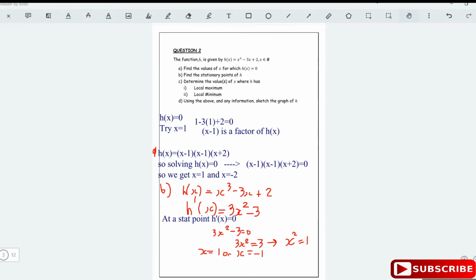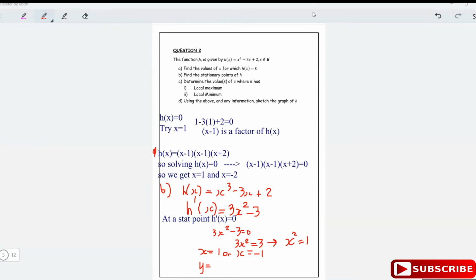Nice. So since x equal 1 or x equal minus 1, all we need to do now is find the corresponding y value. To find the corresponding y value, we plug 1 into this function up here. I'm going to use my calculator.